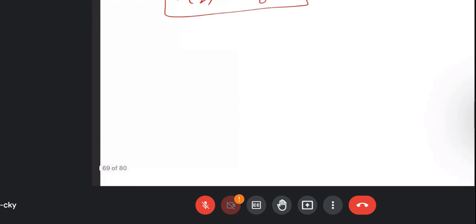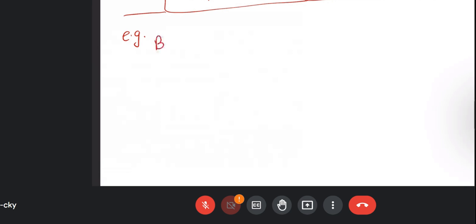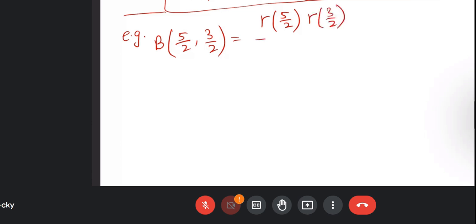Similarly, using these values, one can also find the value of beta for the fractional values, that is beta of 5 by 2 and 3 by 2, using the relation between beta and gamma function, that is gamma of 5 by 2 into gamma of 3 by 2 divided by gamma of 5 by 2 plus 3 by 2.